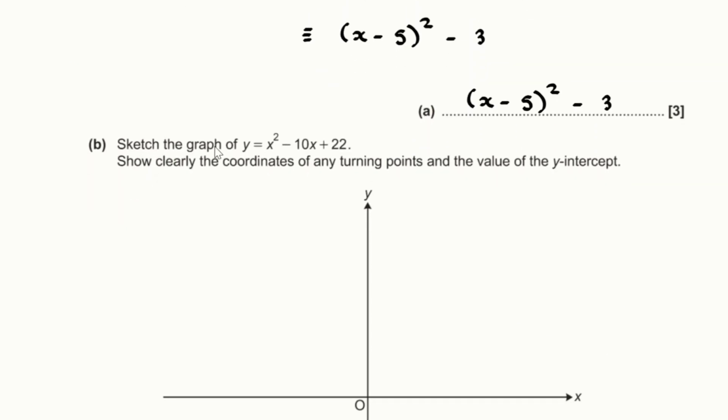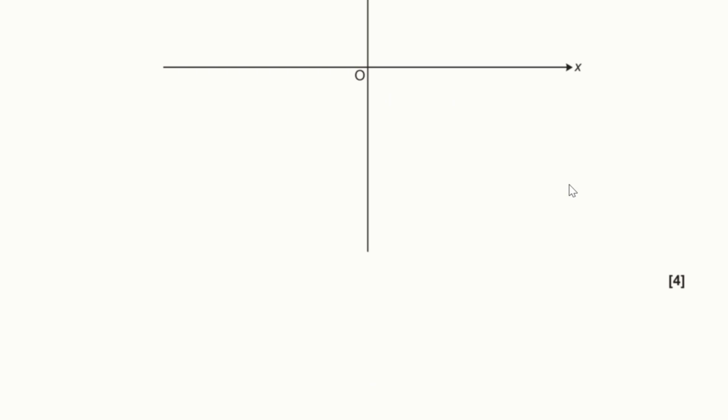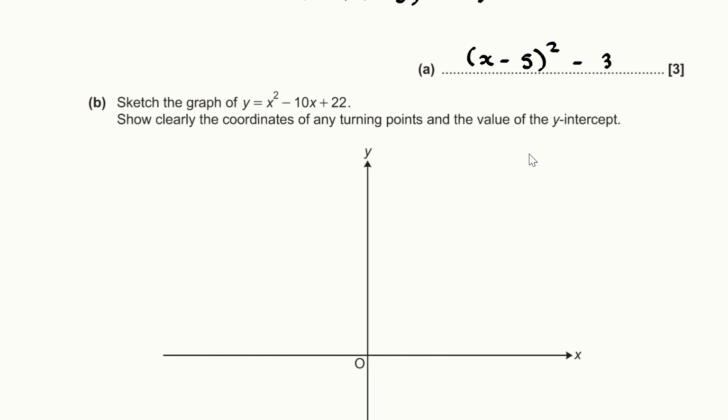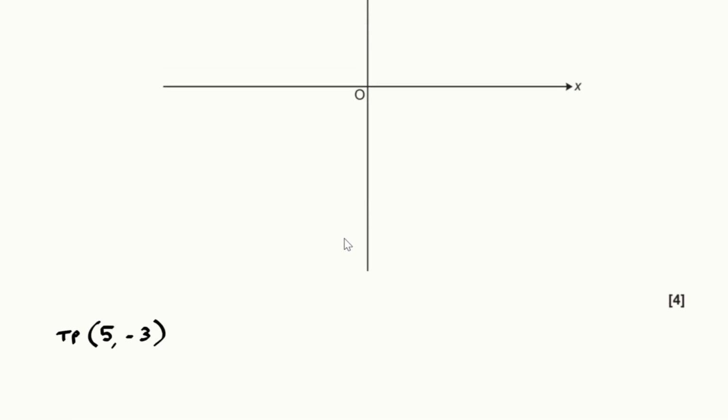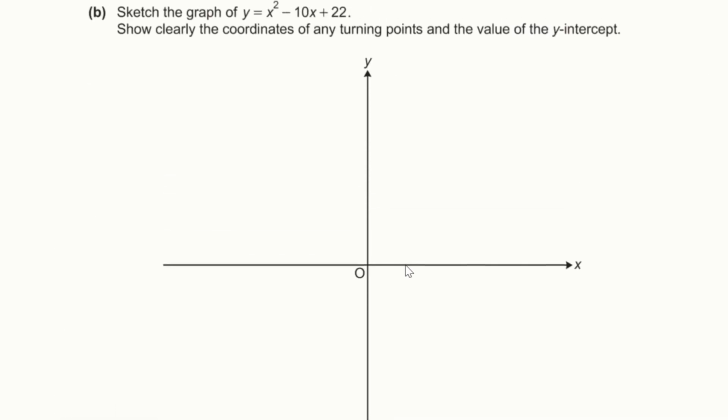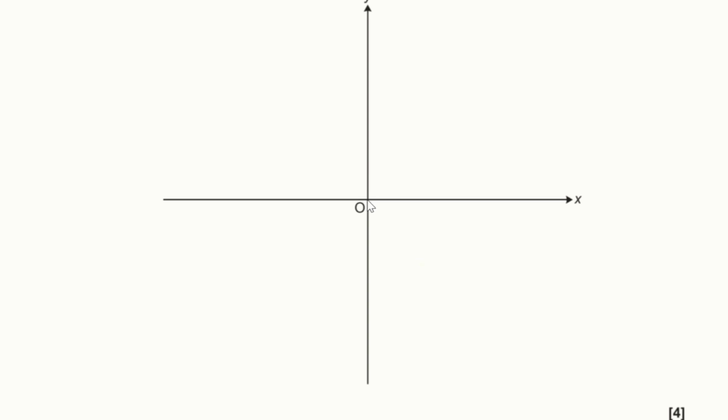And now we have to sketch the graph of y equals x squared minus 10x plus 22, showing clearly the coordinates of any turning points and the value of the y-intercept. For the turning point, the coordinates are 5, minus 3. What we need to do is begin by drawing the graph of y equals x squared.